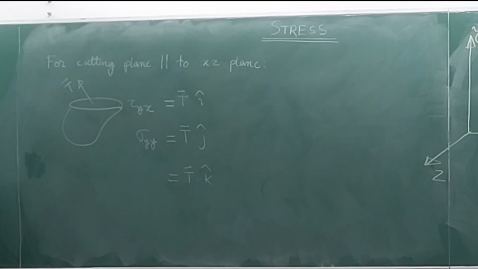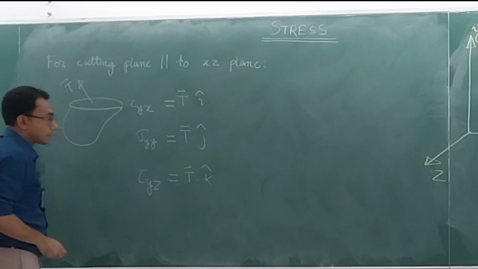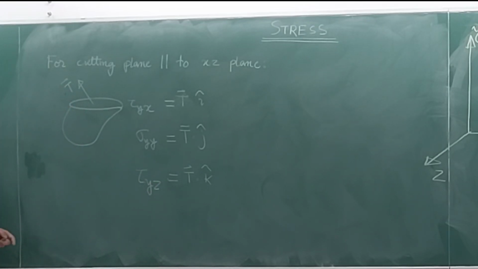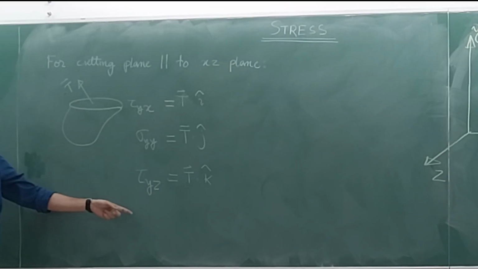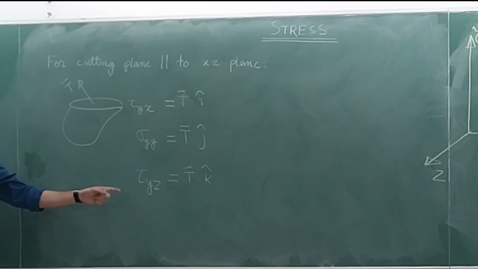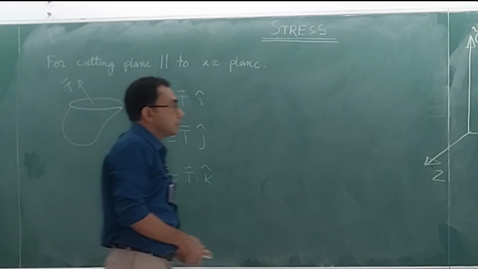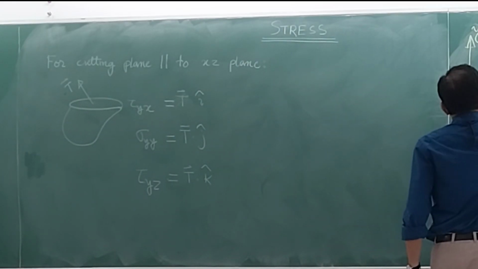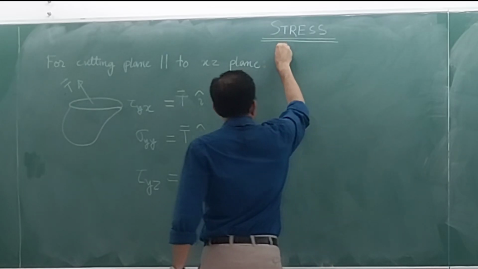Be careful. Tau yz. The distinctive feature here is that the first subscript is y, denoting that you are considering a plane on which the outward normal is along the y direction. Okay. Again, wait. Let me finish this.